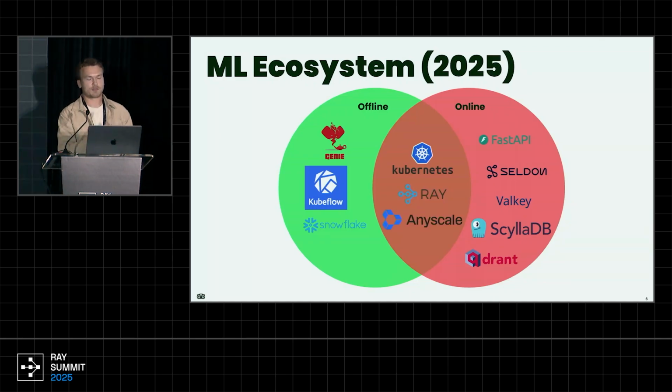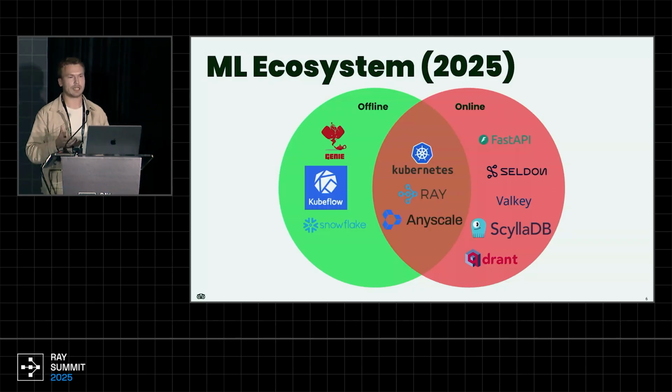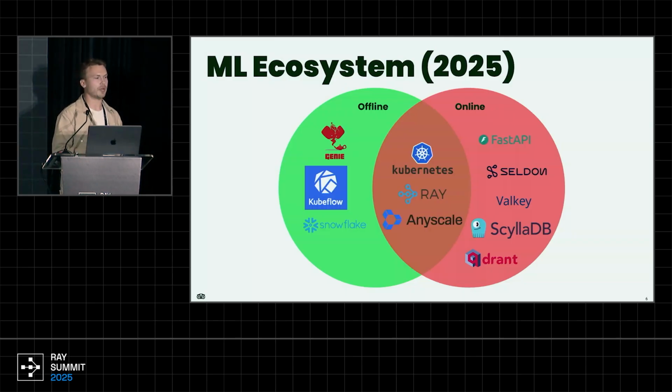And then if we fast forward to 2025, really the biggest shift in our ML ecosystem has been a broadening of our adoption of Ray. What that's looked like is moving beyond single node Ray to clusters of auto-scaling multiple heterogeneous compute nodes.